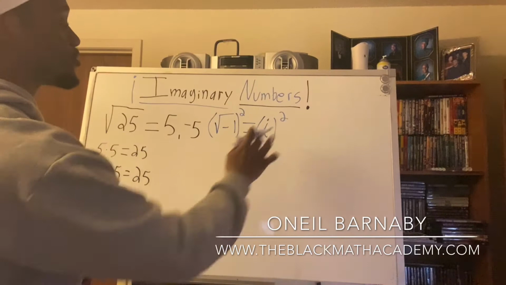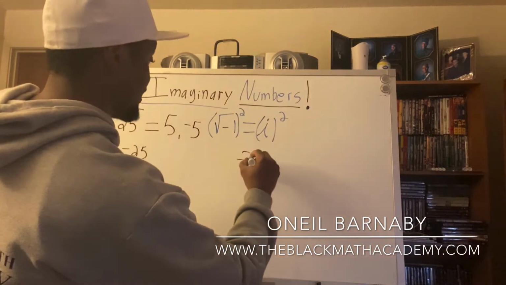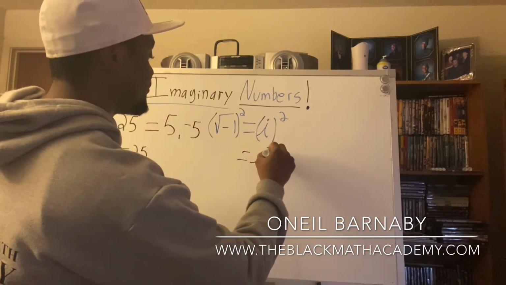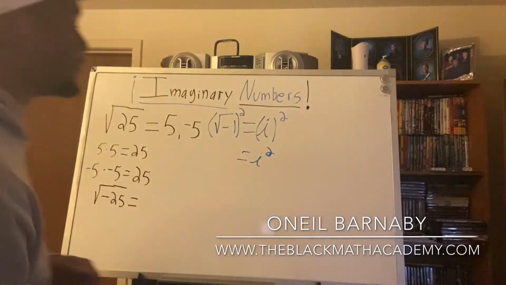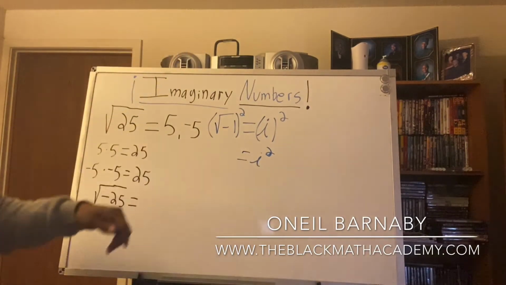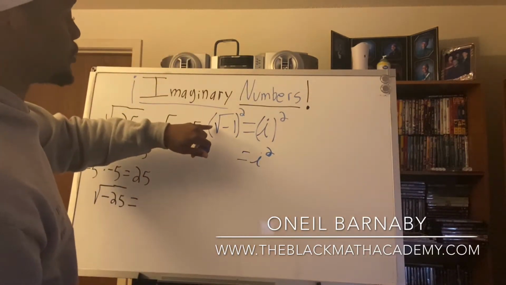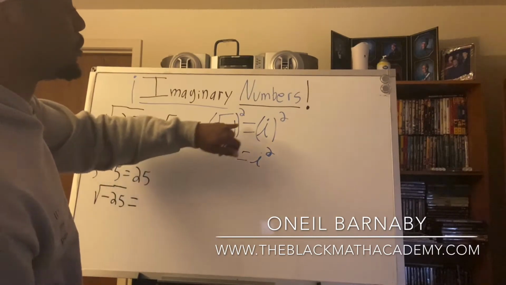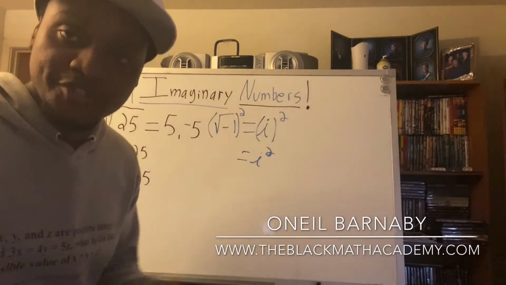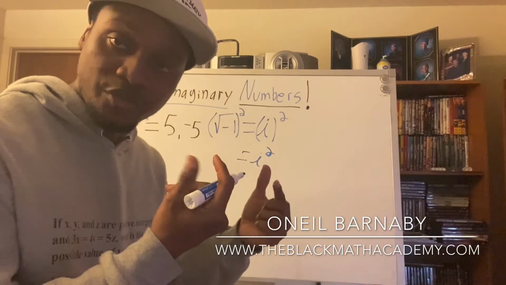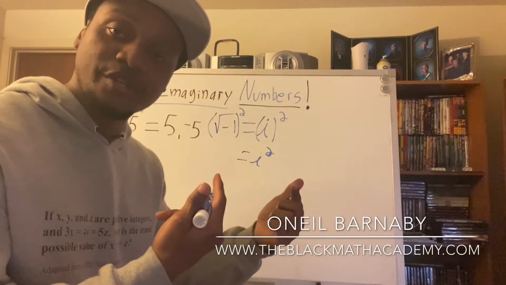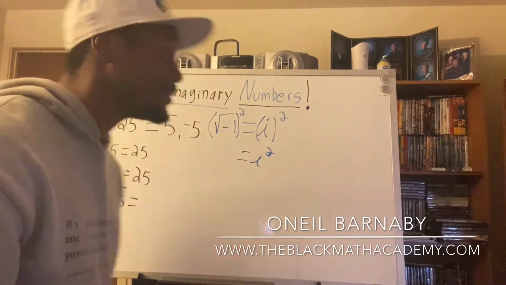Well, i squared is exactly that, i squared. So nothing changes there. But on this side, the square root of negative 1 squared, because squaring and square rooting are inverse operations of each other, they actually cancel out.